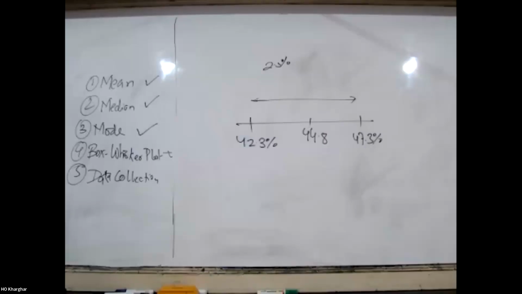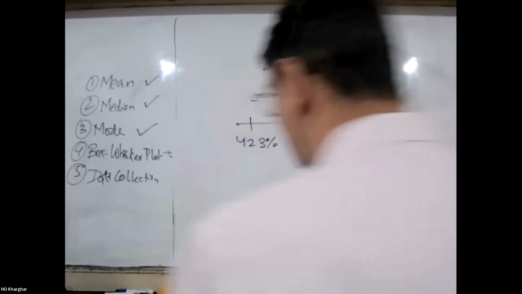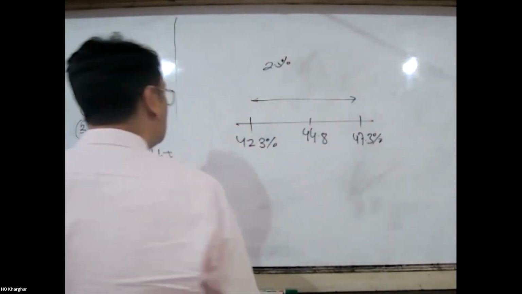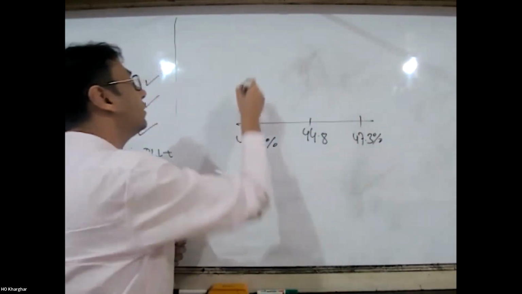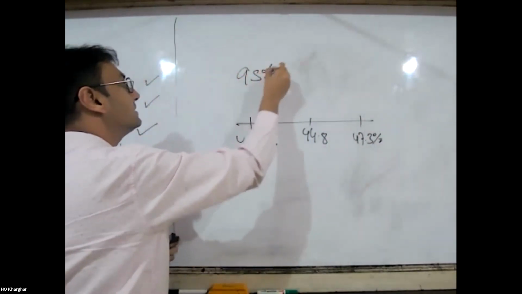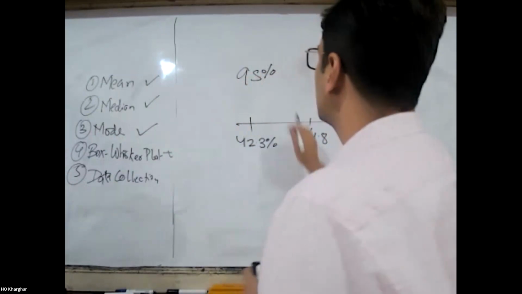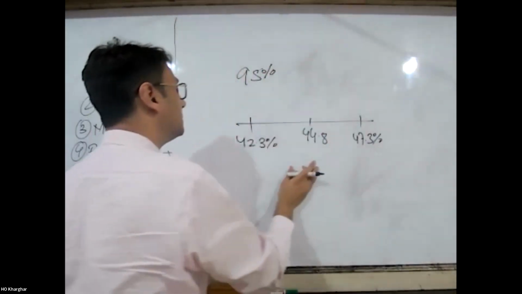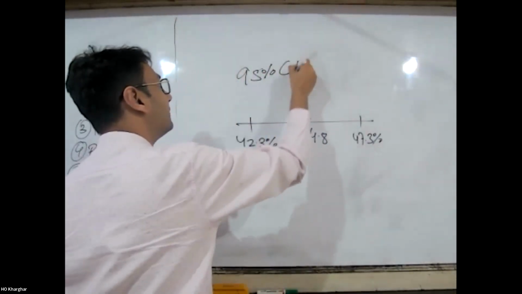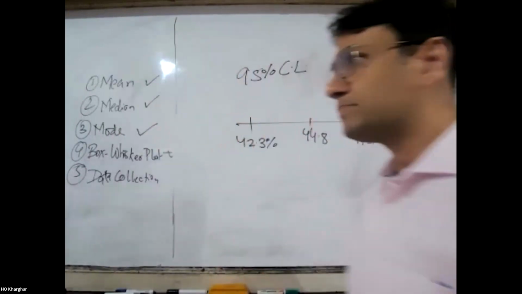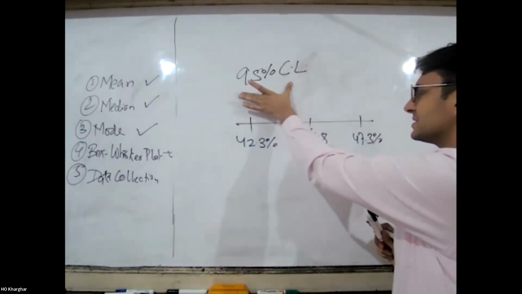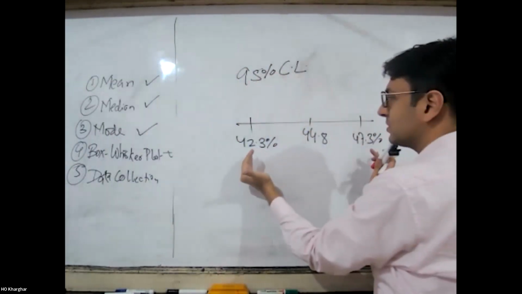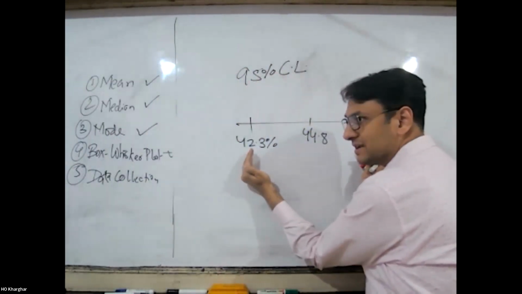I'm constructing a problem so that you understand the meaning of this. Let's say there's a researcher who says that if you do any other research, my confidence level is 95%. What does this mean? This means that if similar research is done, the researcher is 95% confident that it would be in this range.